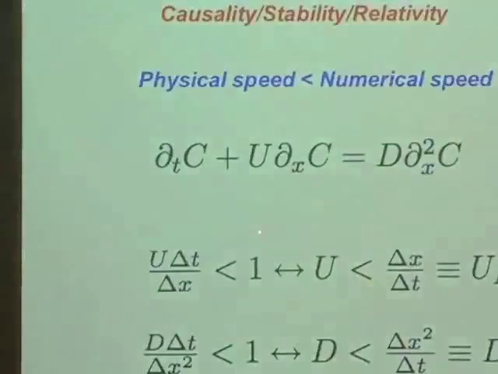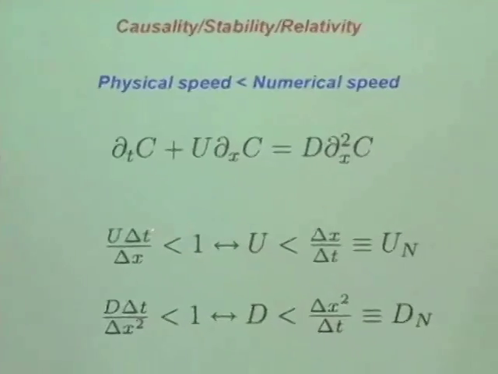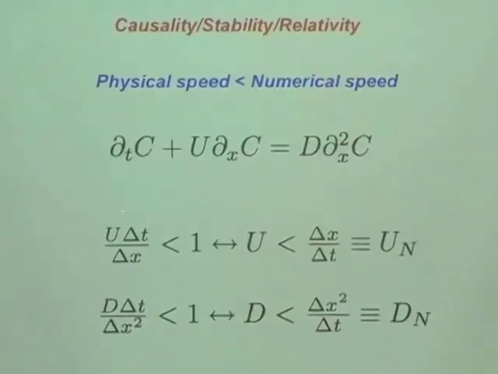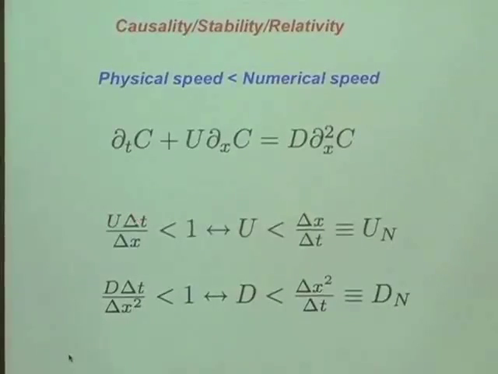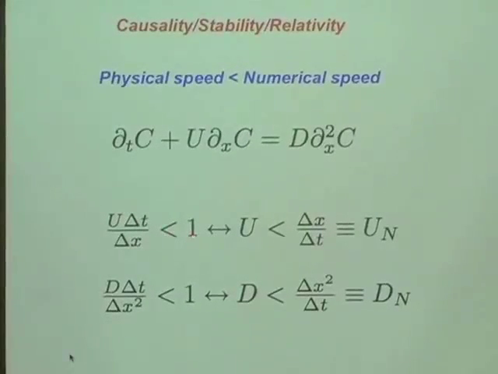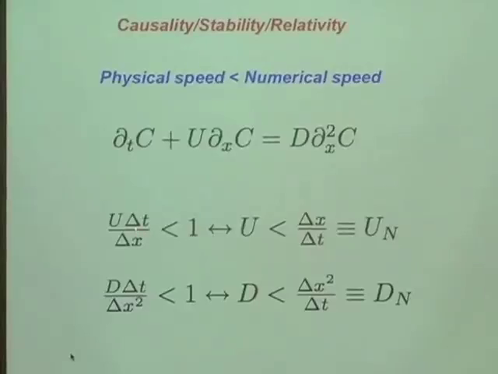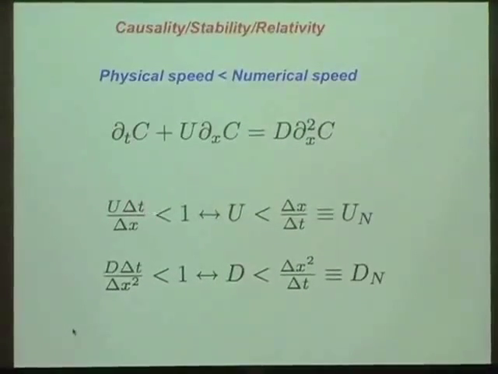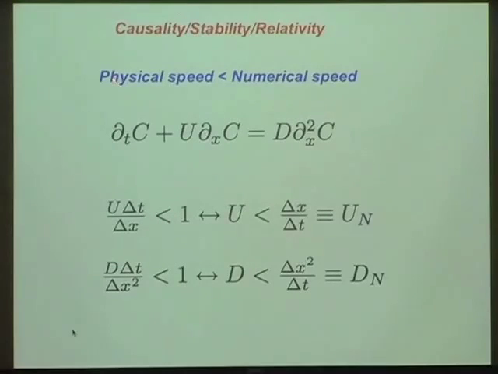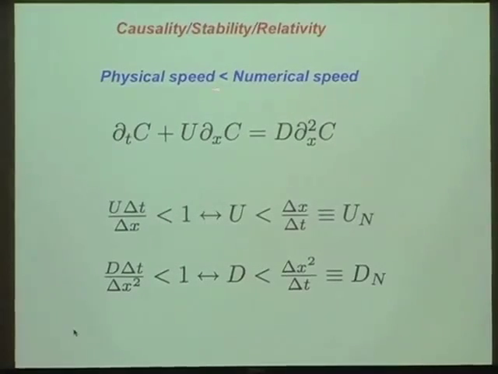If we use now the condition of stability I've shown you in the previous slide, you will end up with something like this for the convection: u, the physical u, times delta t over delta x should be less than 1. This in the mathematical literature is known as the Courant number, or Courant-Friedrichs-Lewy condition.